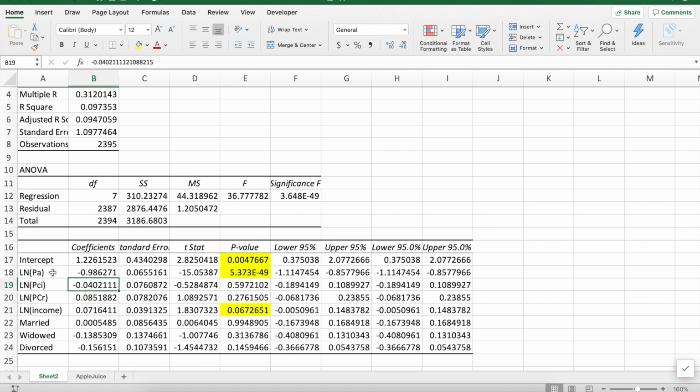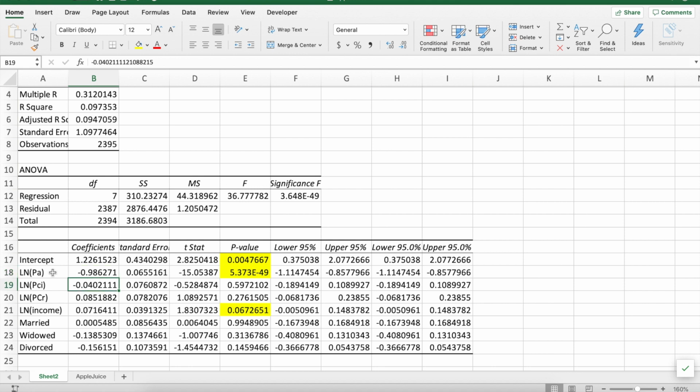But we get, first of all, an insignificant result and slightly negative, which means really we should consider this just to be 0, but if we do take it at face value, it's slightly a complement, which is not what we'd think. So again, it seems like the price of cider is not really affecting the demand for apple juice. Could be a lot of reasons for that.